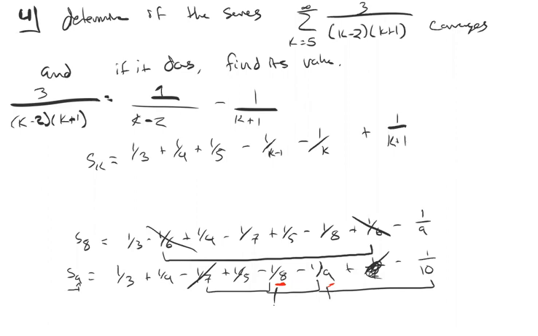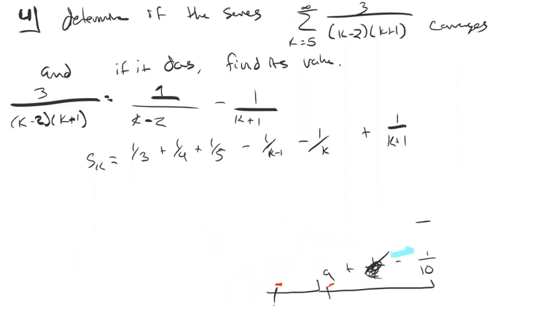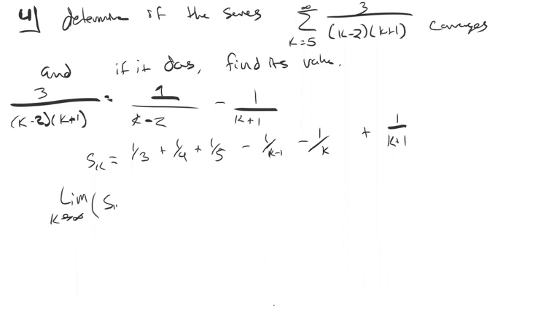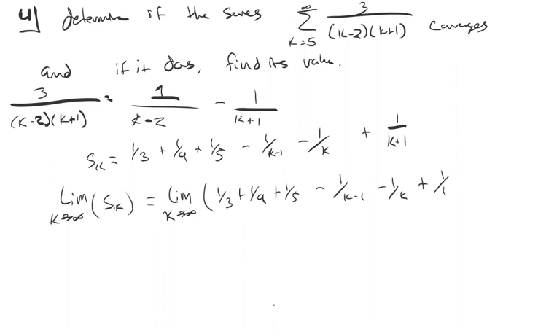Now, to find the value, we take the limit of the sequence of partial sums, right? So we want the limit as k goes to infinity of S_k, which is the limit as k goes to infinity of 1/3 plus 1/4 plus 1/5 minus 1 over k minus 1 minus 1 over k plus 1 over k plus 1, right?